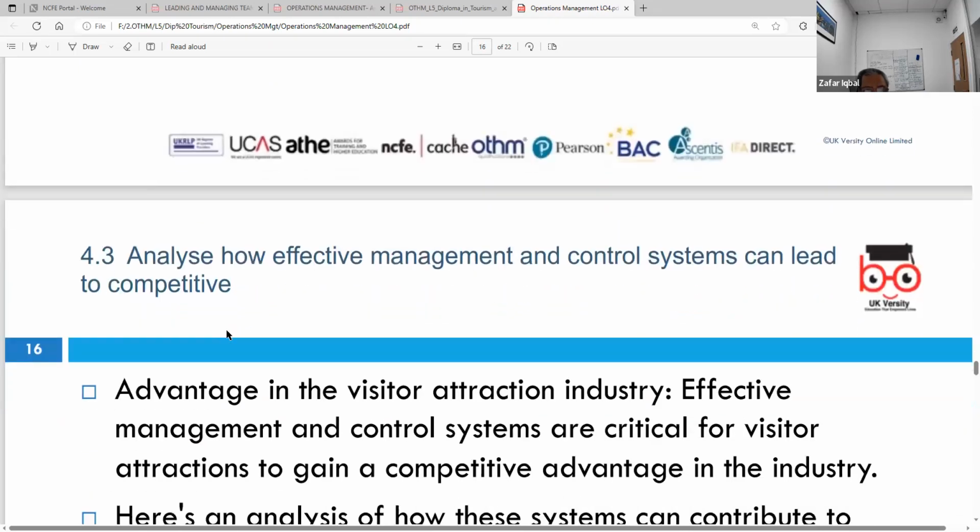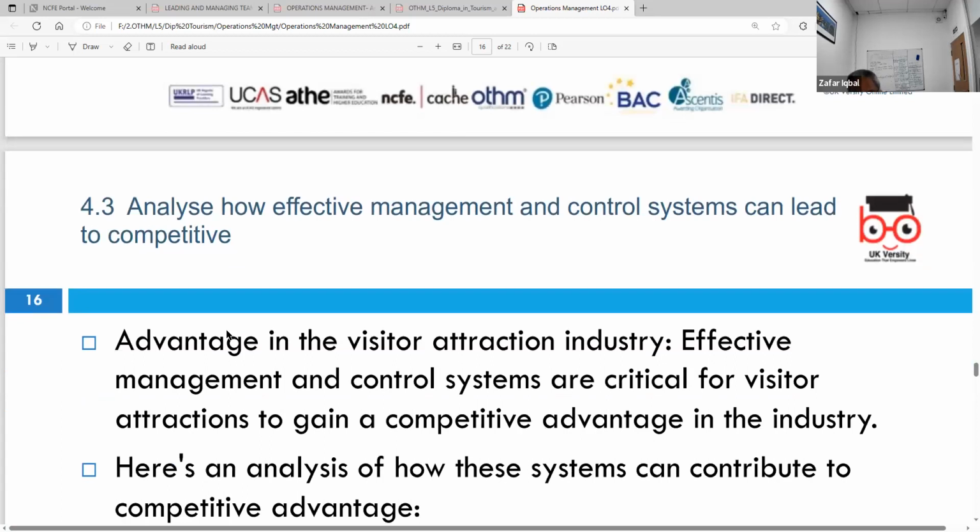4.3 says: analyze how effective management and control systems can lead to competitive advantage. Now, competitive advantage means how we can stay in business with the best of costs, i.e., how can we stay competitive, how can we stay better using the least cost possible, but making good profit.